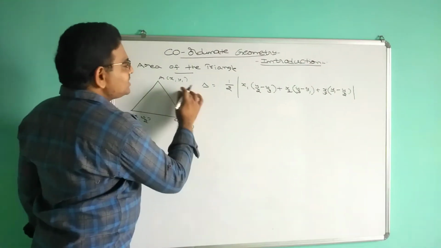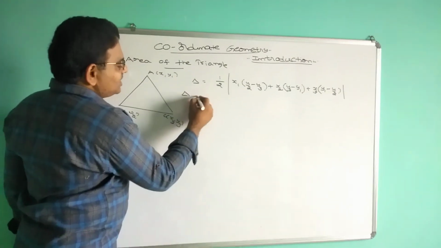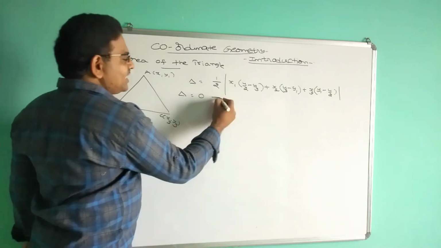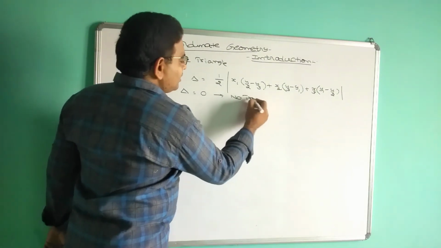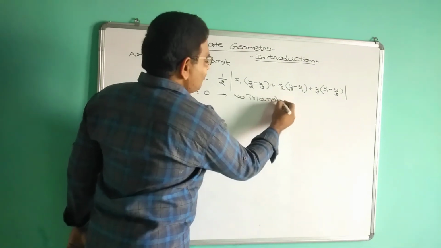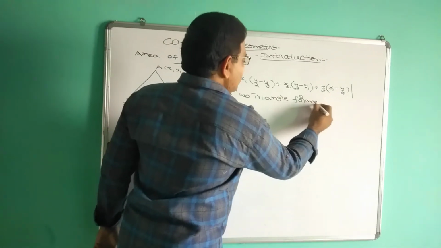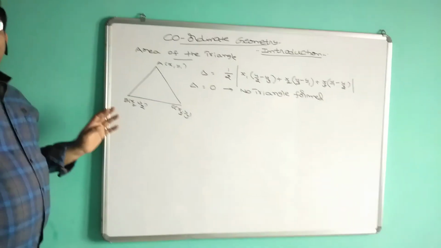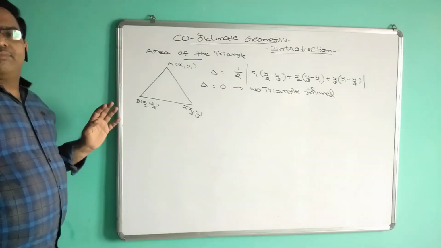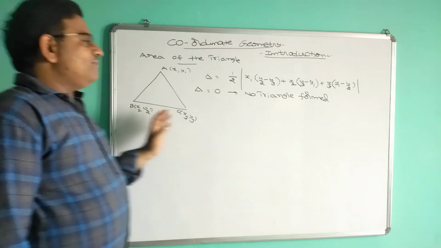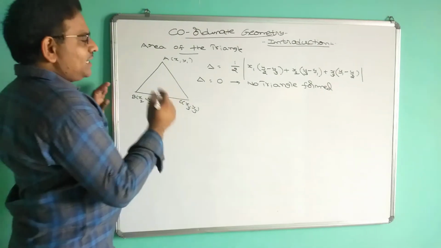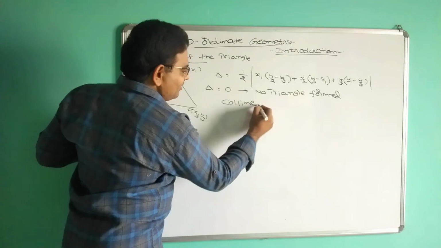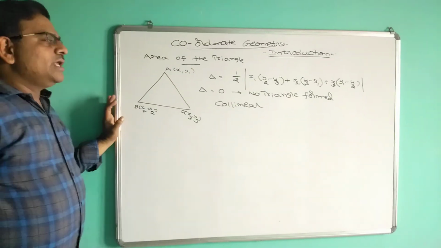Now for suppose the area of the triangle is 0. Then what is the meaning indirectly? No triangle is formed. Whenever no triangle is formed, indirectly the vertices are called collinear.